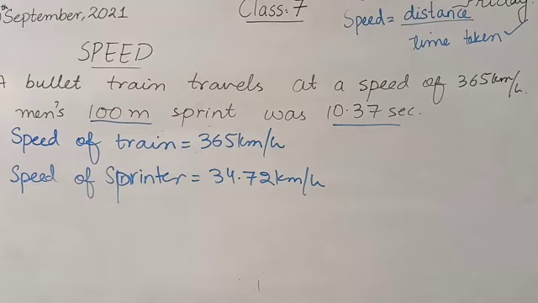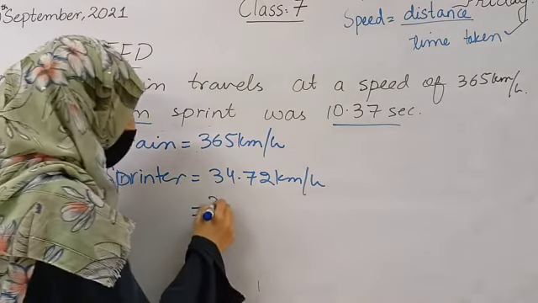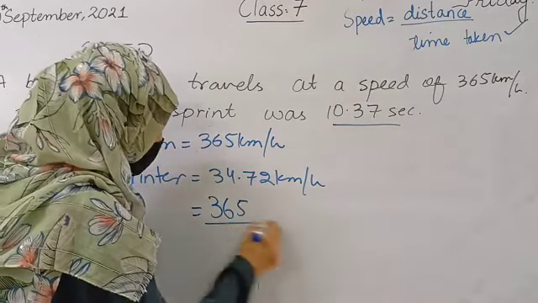Now listen to the statement again. How many times is a bullet train as fast as the fastest Singaporean sprinter? बुलेट ट्रेन जो है वो सिंगापुरियन स्प्रिंटर से कितनी फास्ट है? So simply divide the both speeds and you will get your answer that how much faster it is.